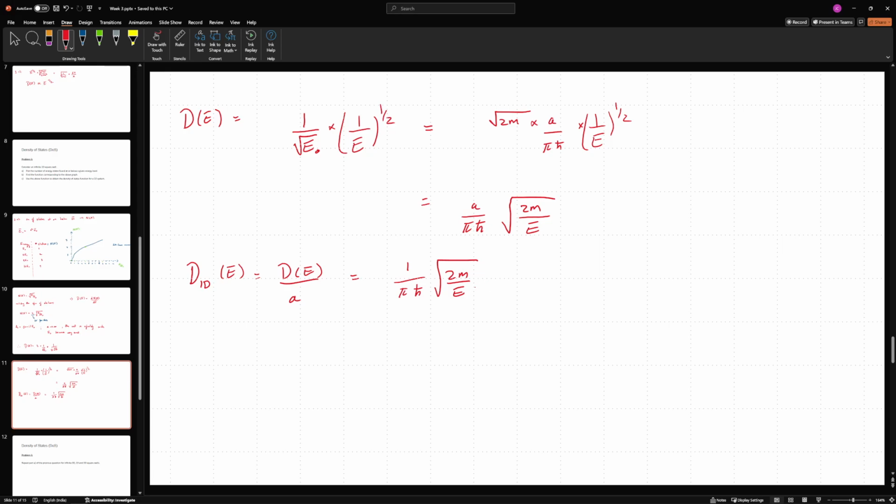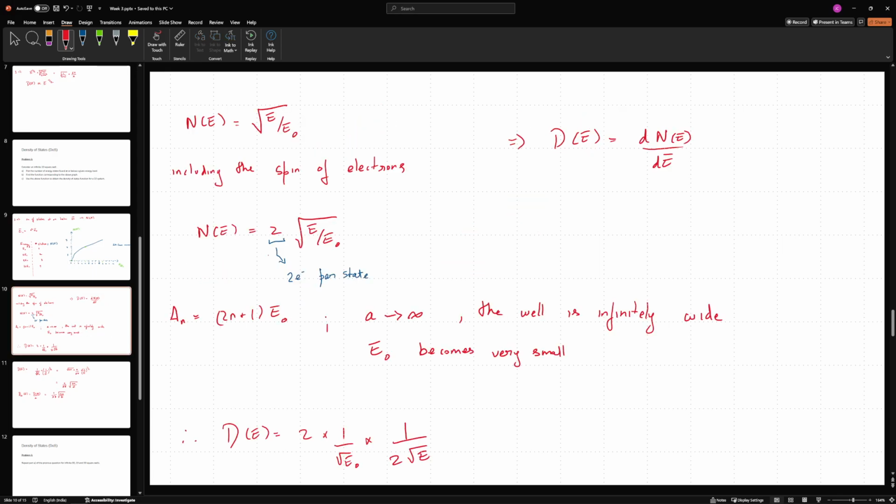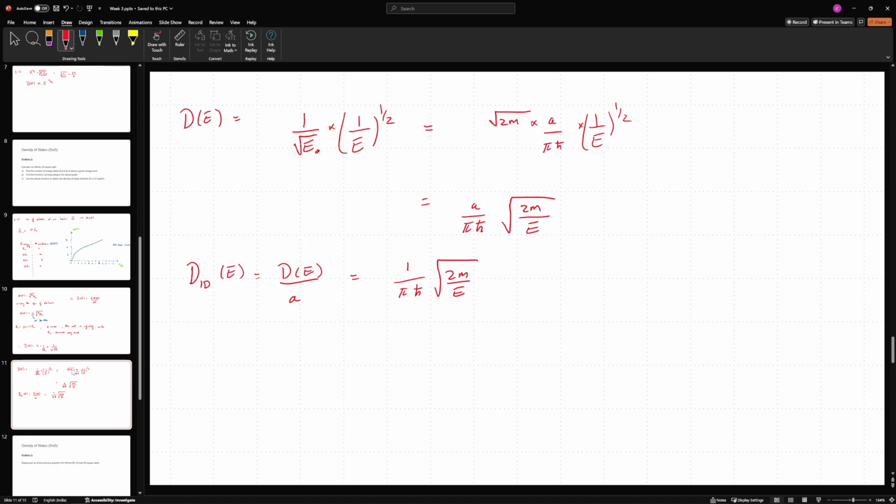Now there is one more factor that we need to include here. Remember, when I started counting the energy states, I said there were two states per spin. So the actual density of states, when I'm counting the density of states, there will appear a factor of 2 here.